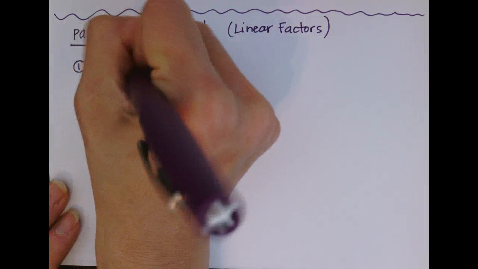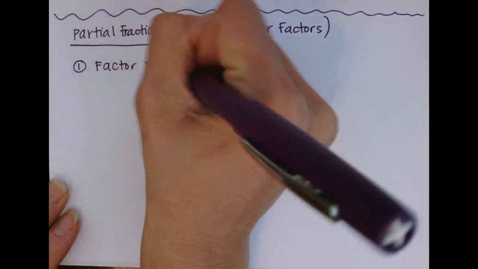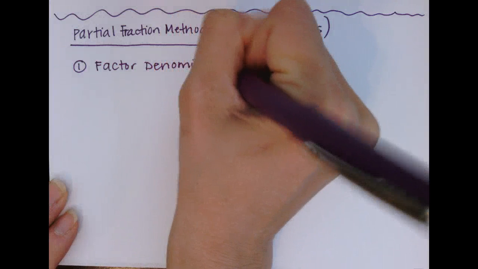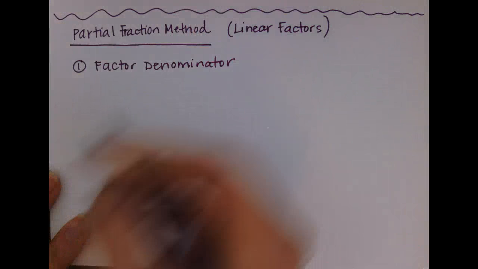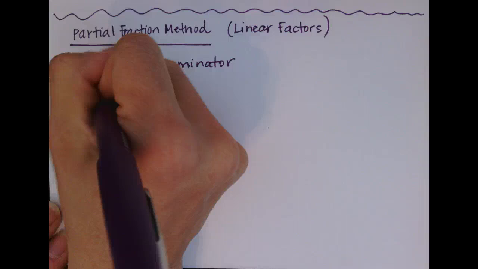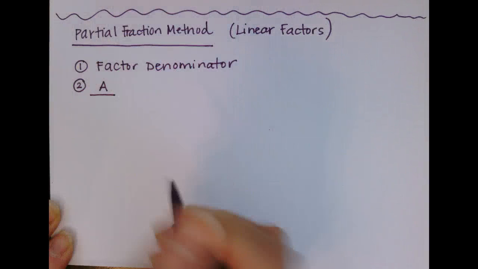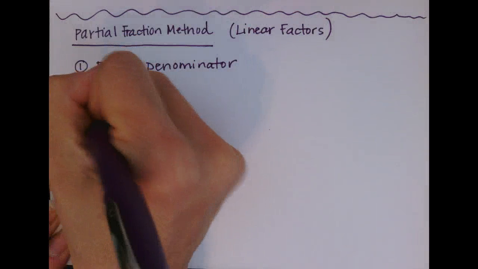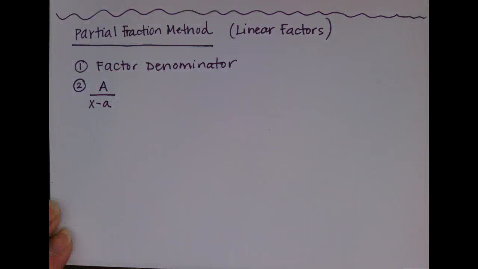Well, we should start off by factoring the denominator. Once we've factored the denominator, we're going to write each factor separately in its own fraction.